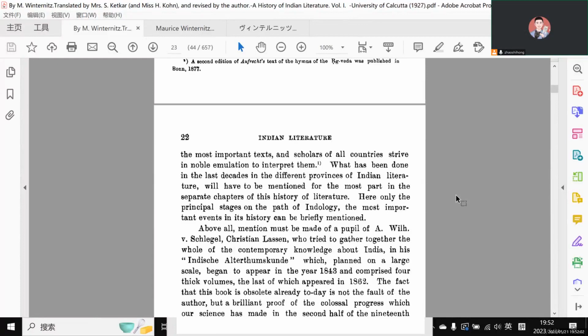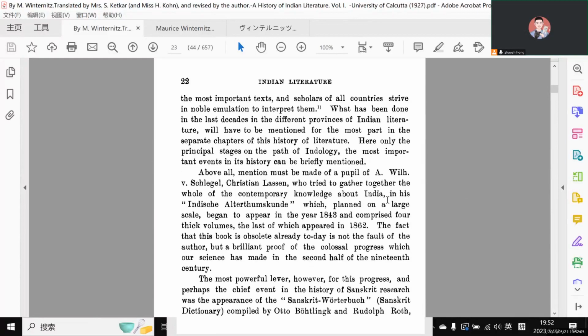Actually, I think from my presentation today, I hope everyone can understand that until now, we already have a lot of work done by our pioneering ancestors and German scholars. Actually, I should name them European scholars.